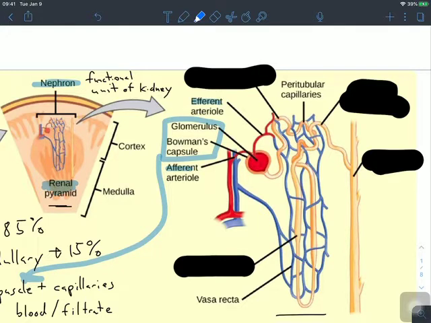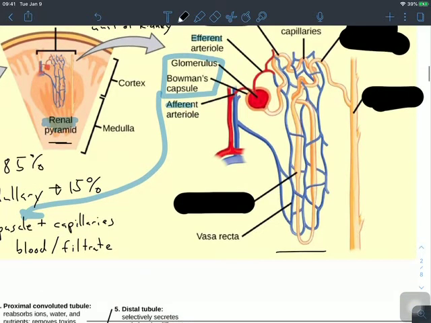But the liquid and everything that's attached to it, the soap, the grime, the dirt, it all squeezes out. And that Bowman's capsule actually catches all of those components. The components that go into the Bowman's capsule is called our filtrate.